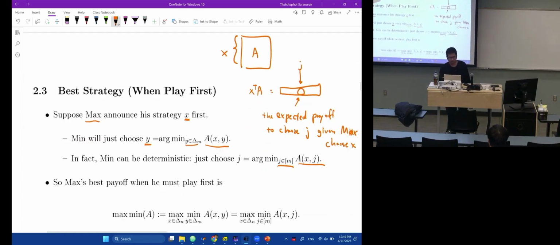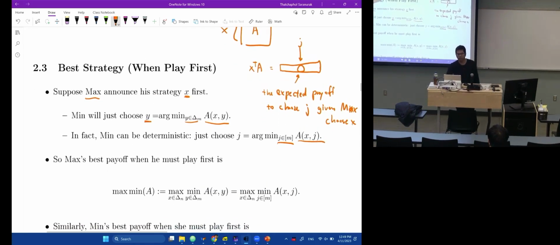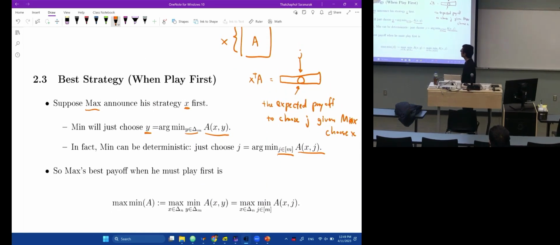Okay. So with this, now you can ask, if I want to write down what would be the max player's best payoff when he must announce his strategy first? You can write it down like this. I will use max min of A to denote this thing: Max's best payoff when he must announce first.